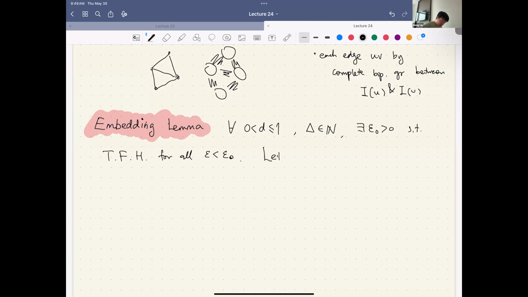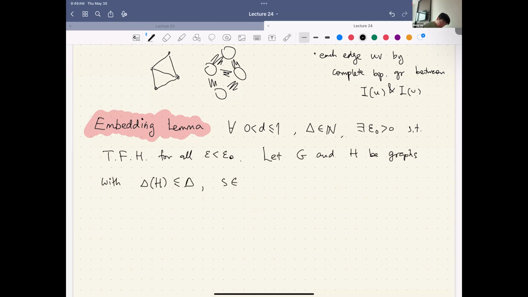Let G and H be graphs, where first of all, the maximum degree of H is bounded by delta.